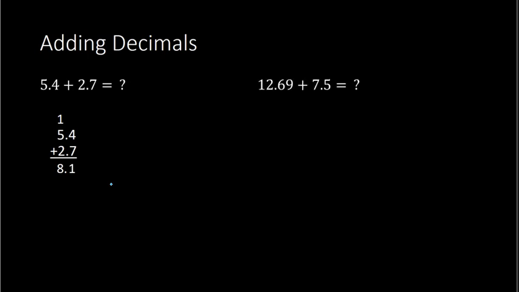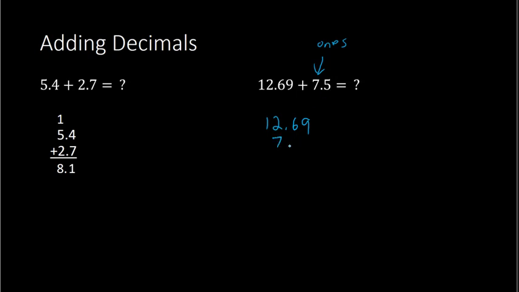Let's try another example. Here we have 12.69 plus 7.5. Now when you set this one up, we begin with the 12.69. And then again, remember to line up the different place values. The 7 right here is my ones place, so make sure it's lined up with the ones place of 12.69, which is the 2.